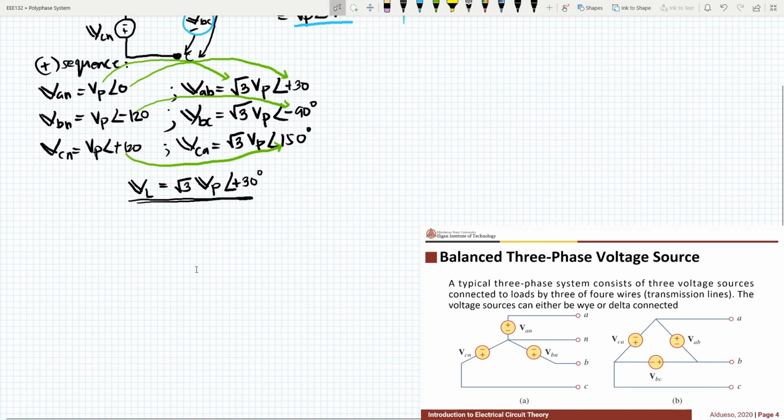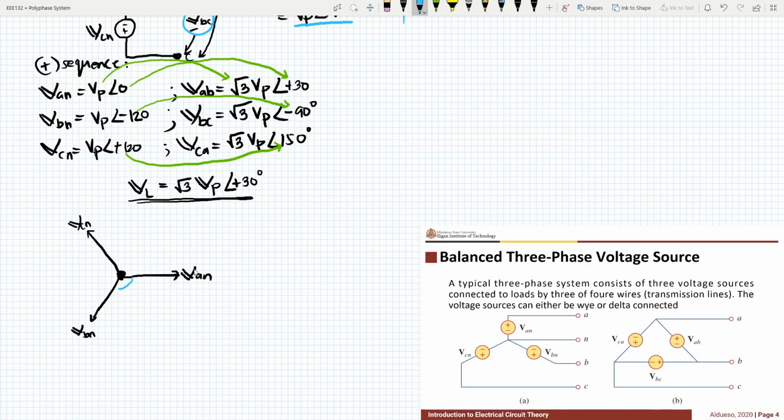Now drawing the phasor diagram of the phase voltages and line voltages. Take a look at this diagram. Here is VAN. Here is VBN, another 120 degrees. This is VCN.